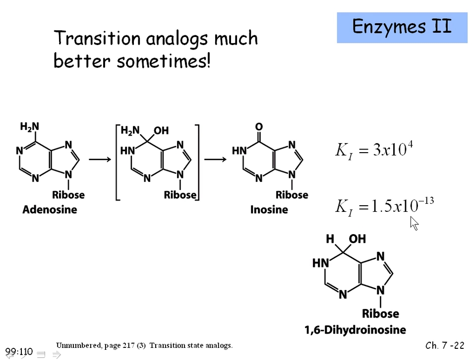So while the product can be mildly inhibitory in this case, the transition state analog is orders of magnitude better at binding to and inhibiting the enzyme in a reversible way. This is still a competitive inhibitor, but it sure doesn't take much of it to inhibit that reaction. Questions about that before we move on?